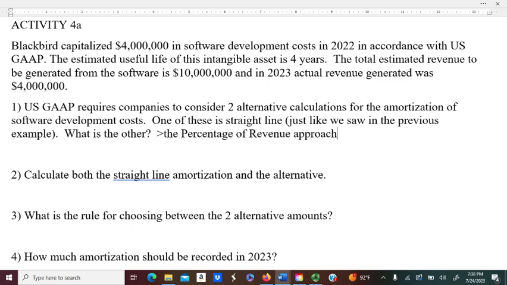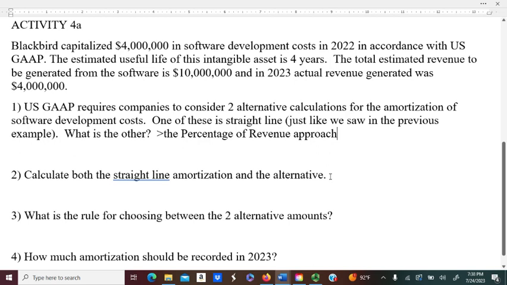And it works a lot like the percentage of completion that you looked at way back in Accounting 3401 when you were talking about revenue, actually. But here we're using the percentage of revenue approach as one of our alternative calculations.